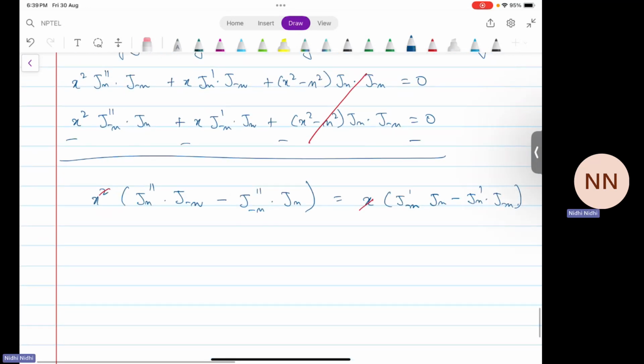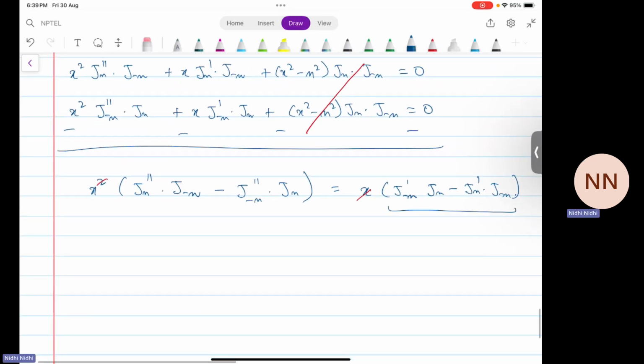Now if we define this to be equal to some other function v, we get v(x) is equal to J_n' J_{-n} minus J_{-n}' J_n.